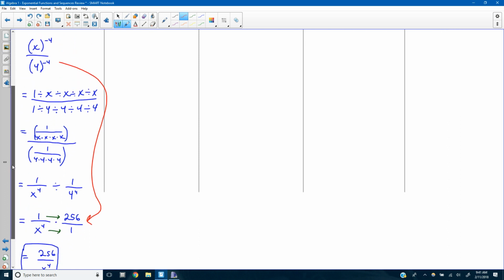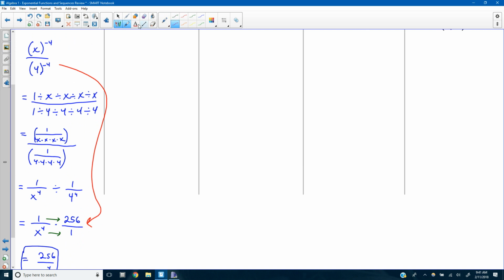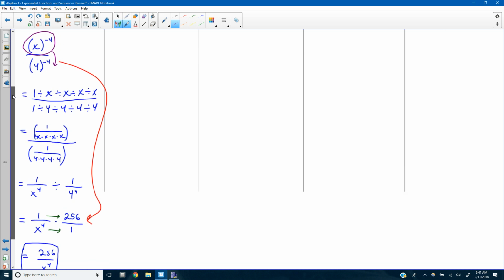So what happened was the negative turned positive in the exponent, but it moved down as a result. That goes back to that property, a to the negative m power equals 1 over a to the positive m power. So there's this whole equivalent of it because these are 4 x's divided in the numerator, and that's equivalent to 4 x's multiplied in the denominator.